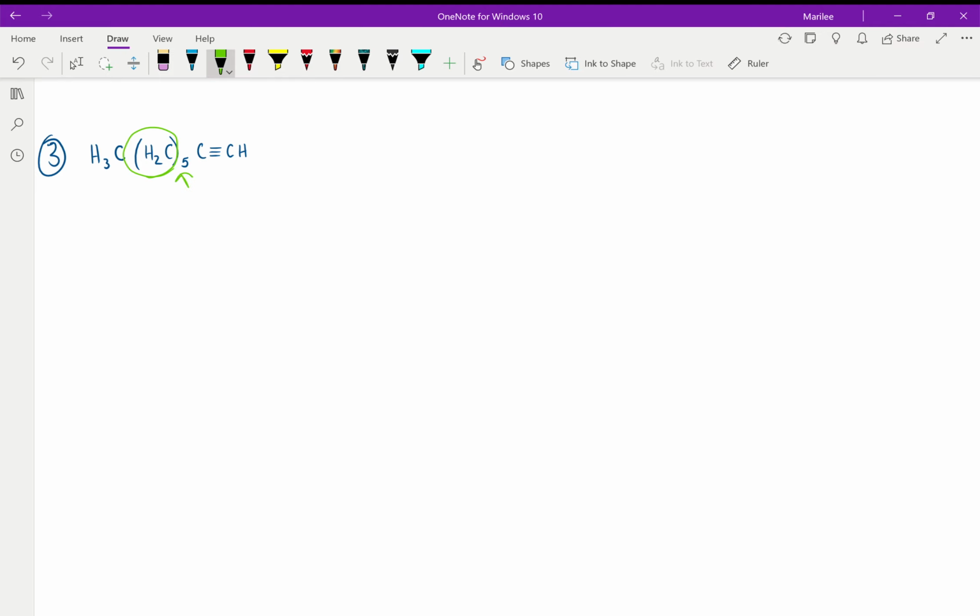So let me branch everything out so we can number. So we have a CH3. Now we have 5 of the CH2. So we have 1, 2, 3, 4, 5. Each one has 2 hydrogens. That's where this H2 is.